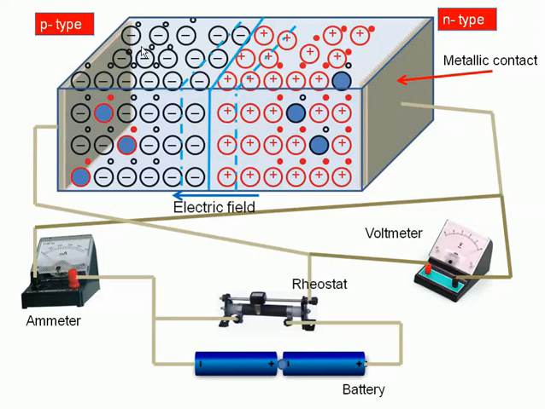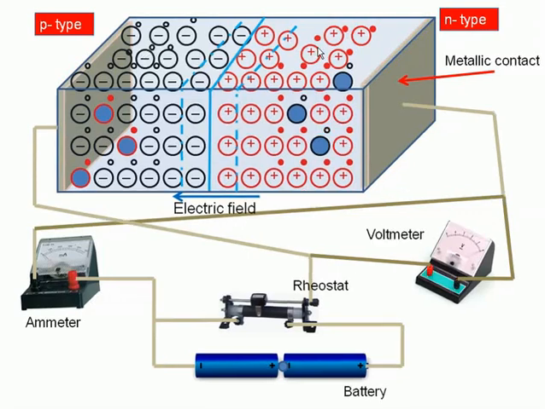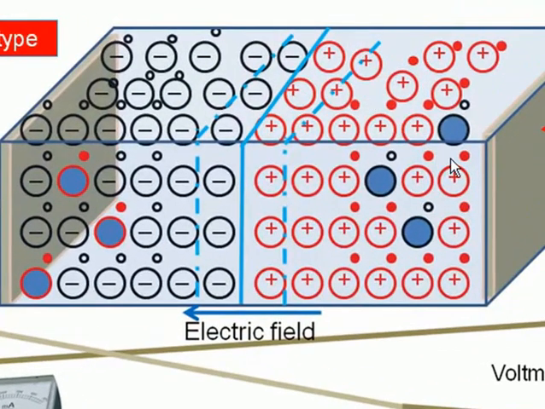Here the holes move towards the n side and cross the junction, but where does the voltage drop? In this region, the depletion region. As I told earlier, for silicon it was 0.7 volt, and for germanium it was 0.2 volt.